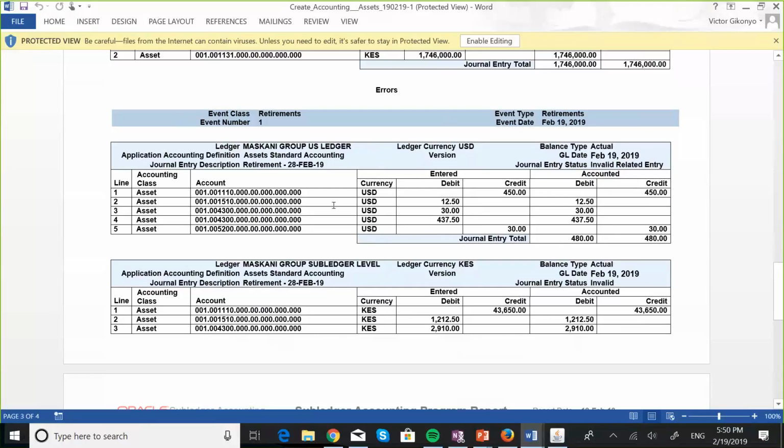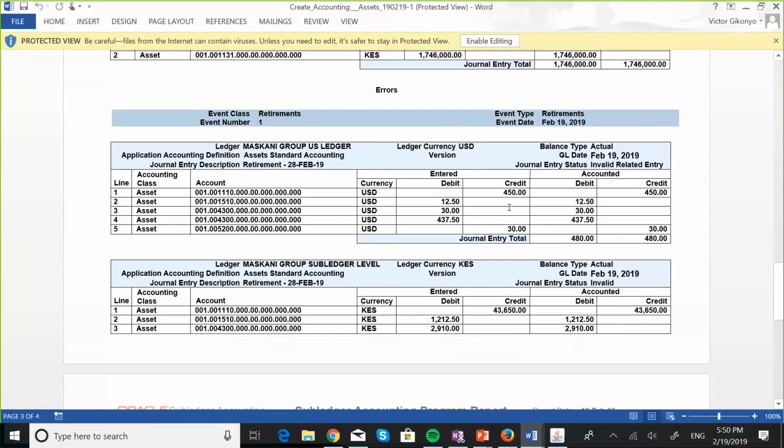And why would it have a balance? Because we don't have the invoice for the cost of removal. So these amounts have balanced out, but these are two different accounts. Remember, this is the gain-loss account, and this is the clearing account. It's just the amounts that are balancing out.